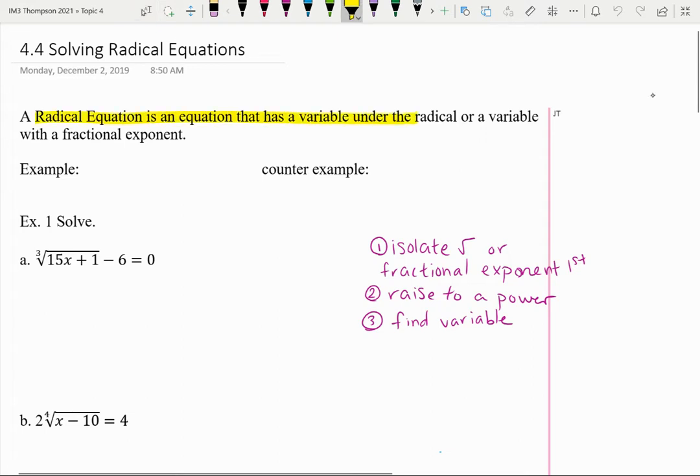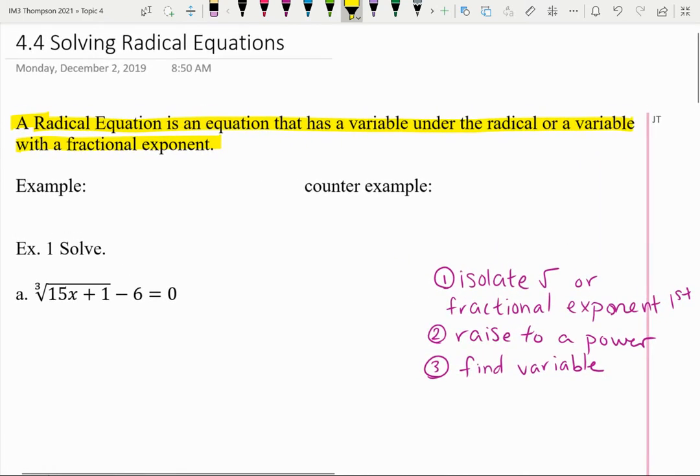A radical equation is an equation that has a variable under the radical or a variable with a fractional exponent.